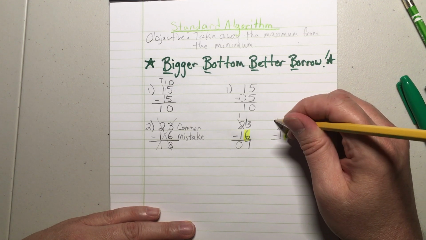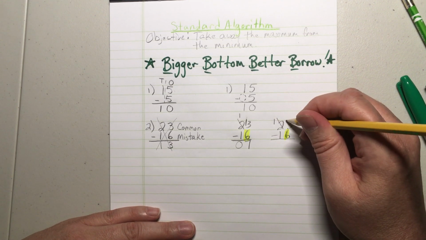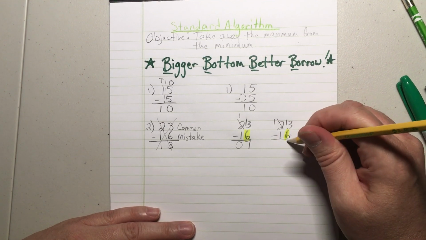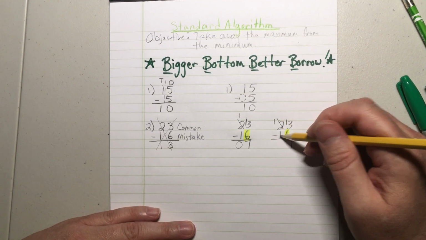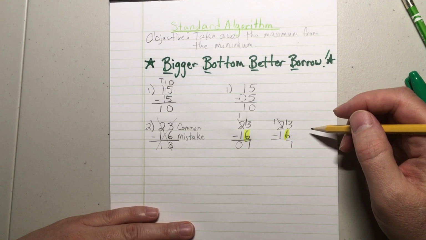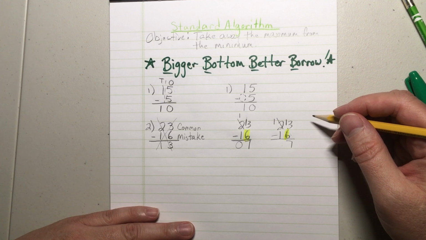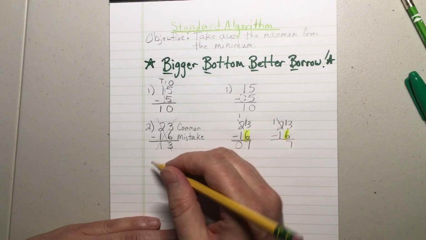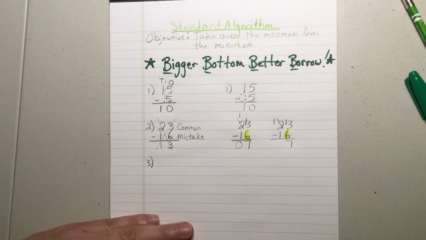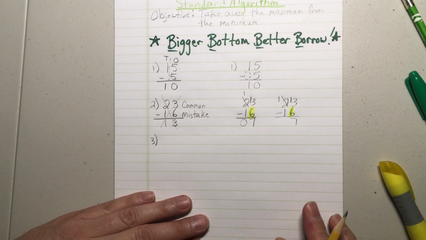So I'm going to borrow a 10 from the 20. 13 minus 6 is 7. 10 minus 10 is nothing. The answer is 7. So 23 minus 16 equals 7. Okay, let's continue.